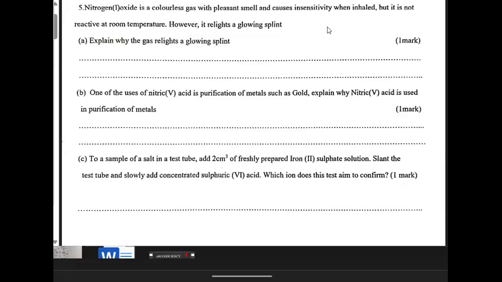So we have the metal oxide reacting with the nitric 5 acid to form a nitrate solution, and the other product, of course, is water. So the question asks why nitric 5 acid is used to purify metals. Because the acid is able to react with the oxide to form salt and water.